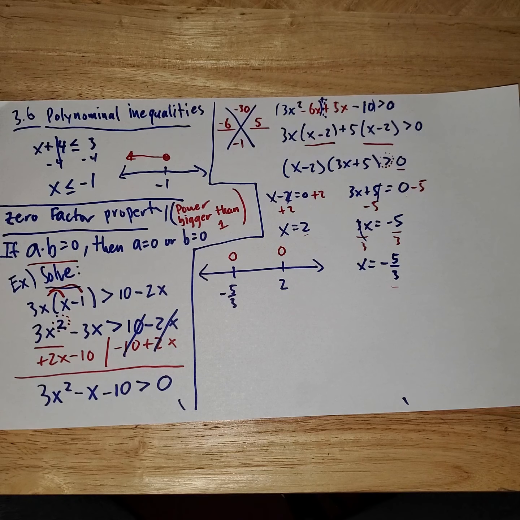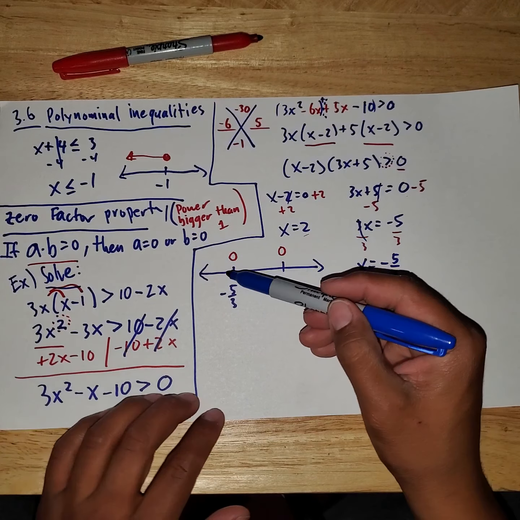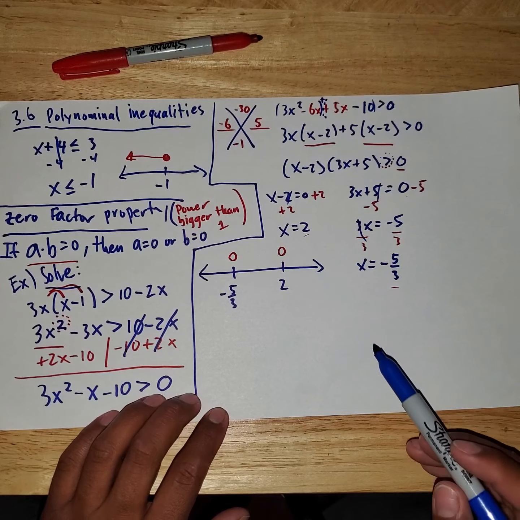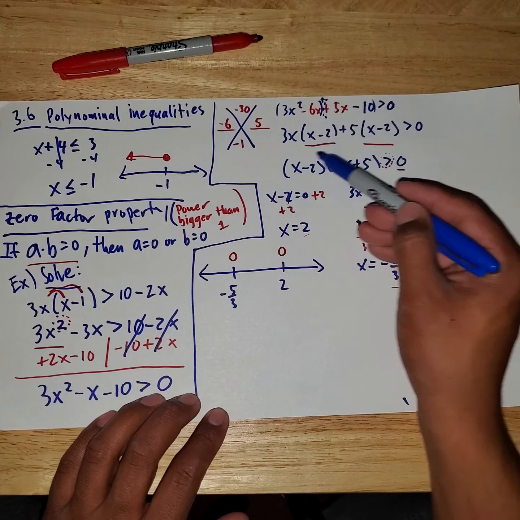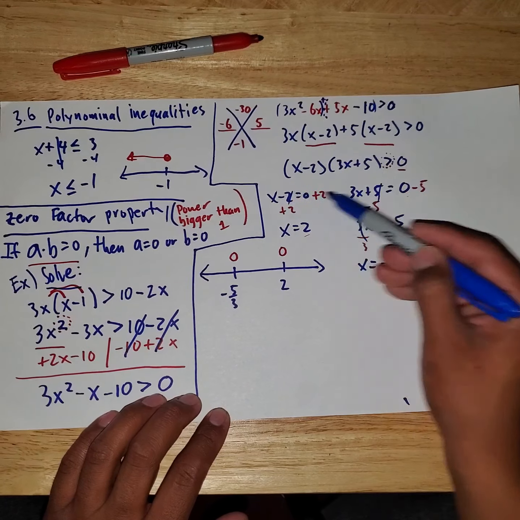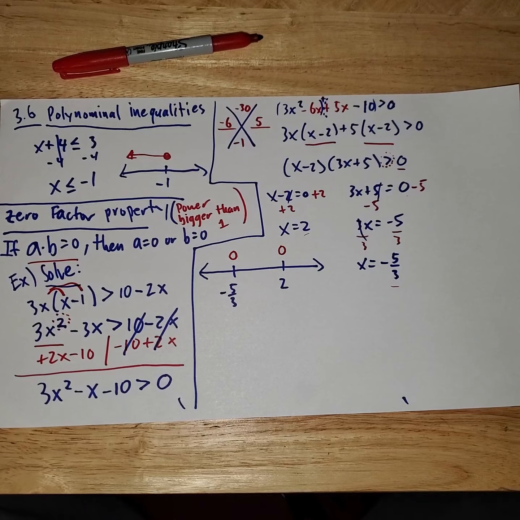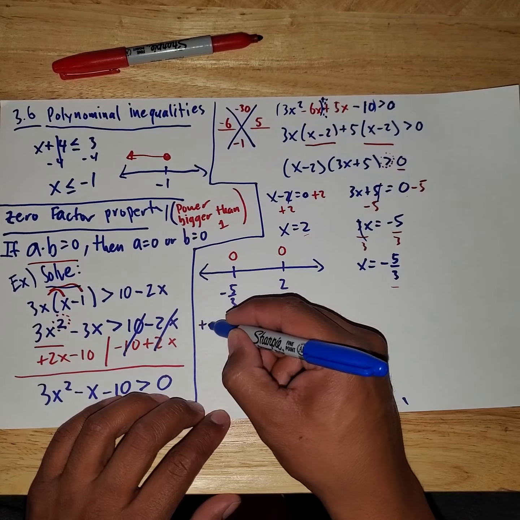So this ends up giving us 3 different intervals. Here would be 1 interval, 2 intervals, and 3 intervals. We want the intervals that are actually going to give us positive numbers on this left hand side, because positive numbers are all the numbers that are bigger than 0. So then that's where we need to use test points.